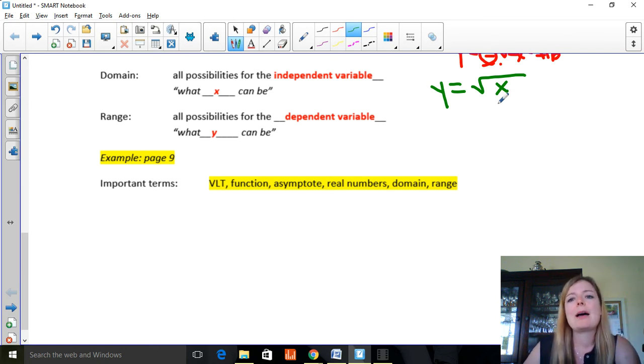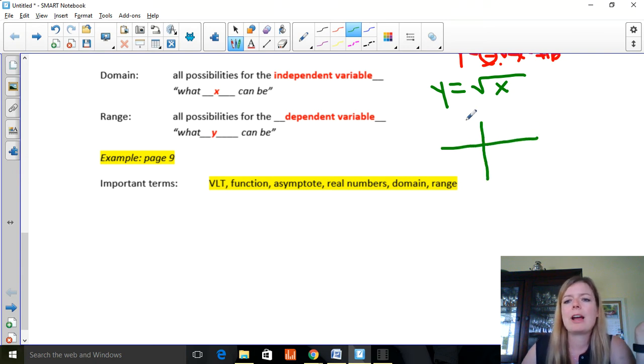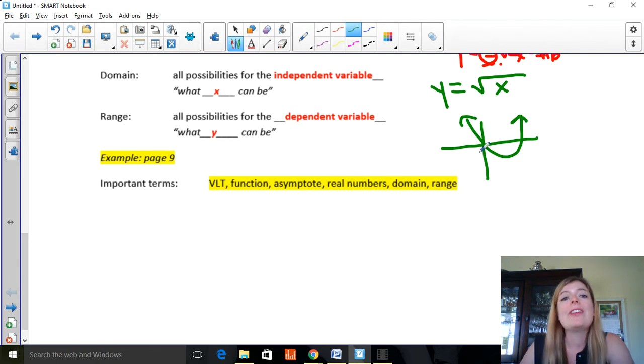So that's, if you're looking at a graph, let's say, of a parabola, when you're thinking about range, you're thinking up and down because you're thinking, what can y be? So you have all these possibilities. Y can be anywhere up here because that's what the arrows mean.